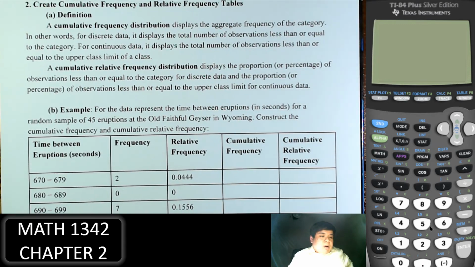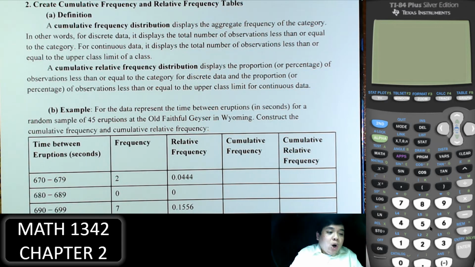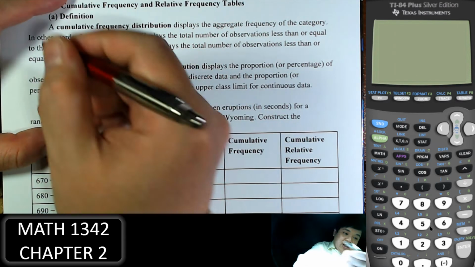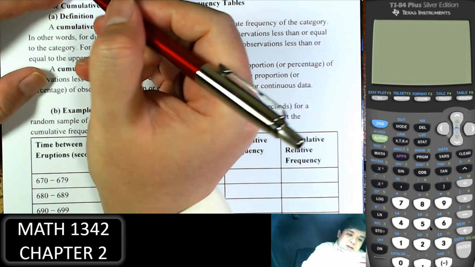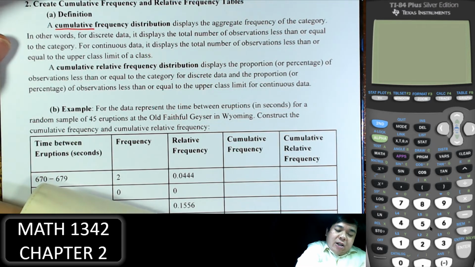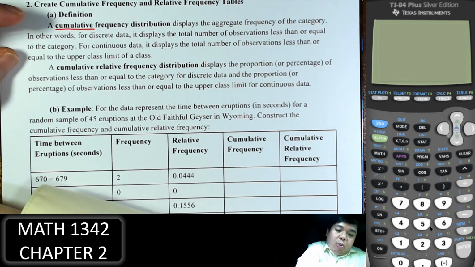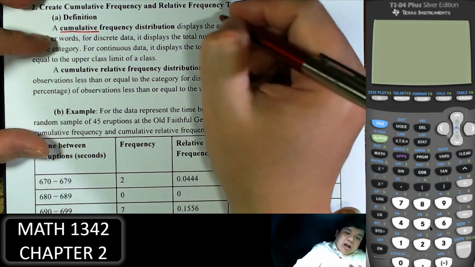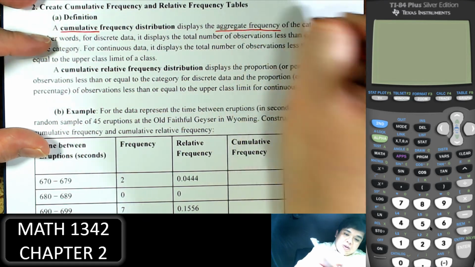Next we can also graph using the cumulative frequency or relative frequency table. What does cumulative mean? It displays the aggregate frequency in a category, so those are aggregate values.